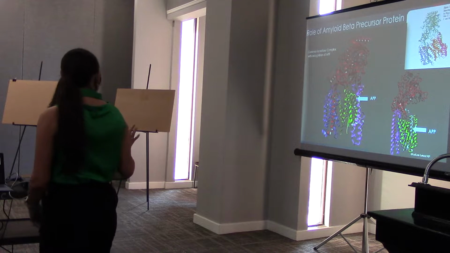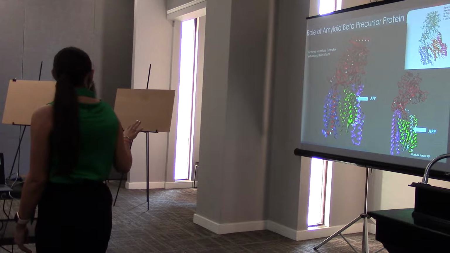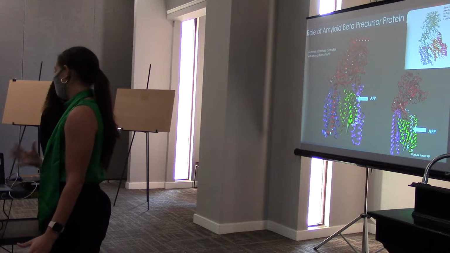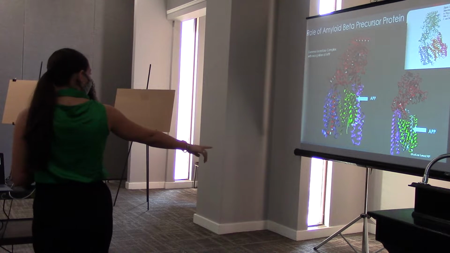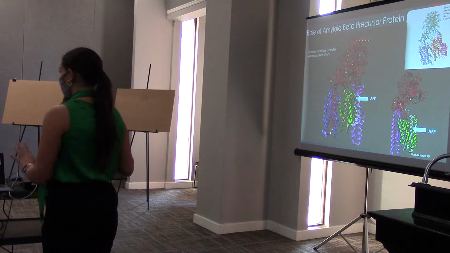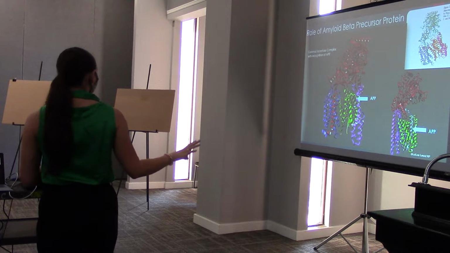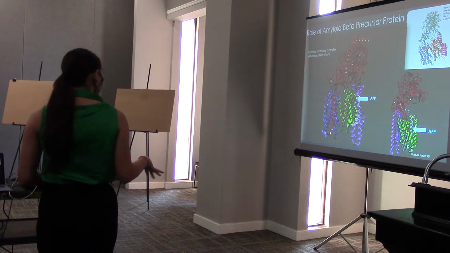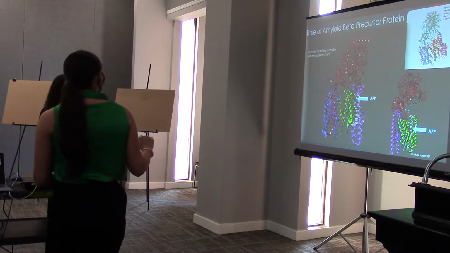In this slide, this is the gamma secretase complex in recognition of APP. The lower right-hand corner is turned 90 degrees to see the location of the leucine on the presenilin subunit.